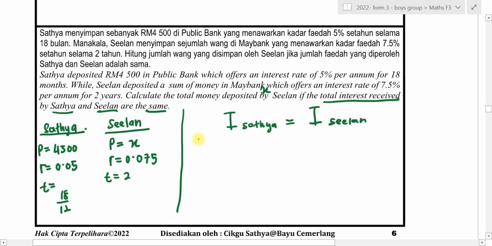So here the P is 4,500, the interest rate is 0.05 and the time is 18 over 12, equal to Seelan here. The principal is X, the interest rate is 0.075 and the time is 2. Okay, calculate this section only first. Satya section only first. How much is that, Shavina?